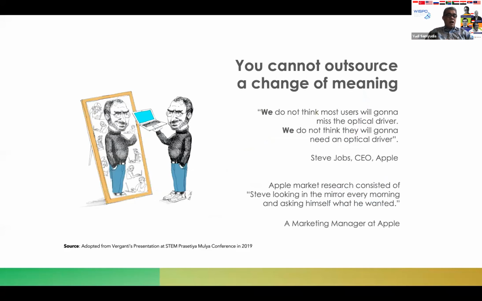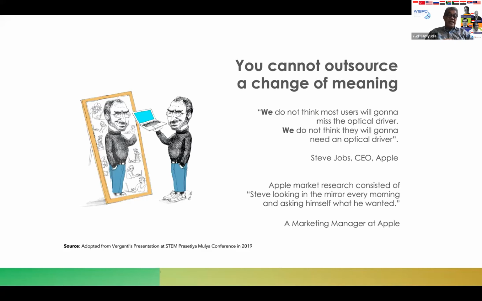So if you look at the difference between these two here, the Apple marketing team said that to create a new, more meaningful product, they just asked Steve Jobs to reflect and ask himself what Apple needed to create.